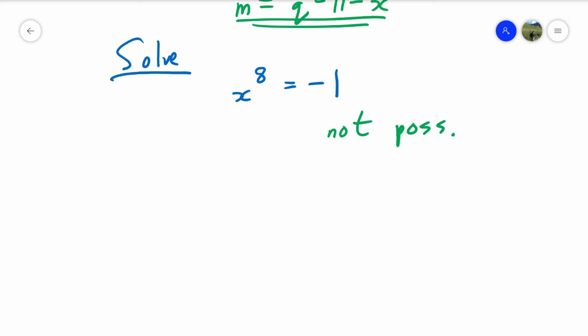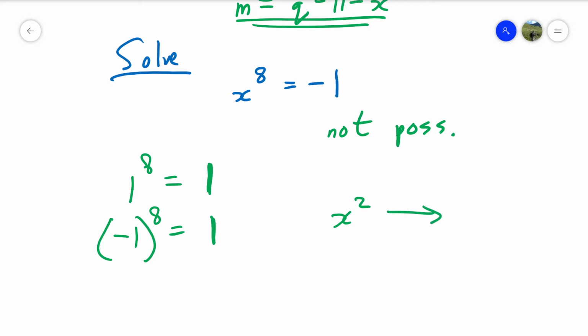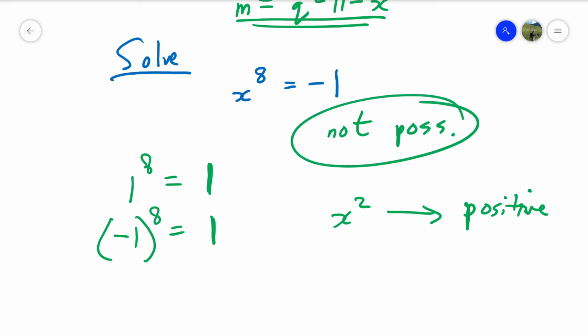Because suppose x were 1. What's 1 to the 8? 1 to the 8 is 1. Suppose x were minus 1. Minus 1 to the 8 is 1, because x to the 8 is like x squared in that whatever you do, you end up with a positive number. So it's not possible.